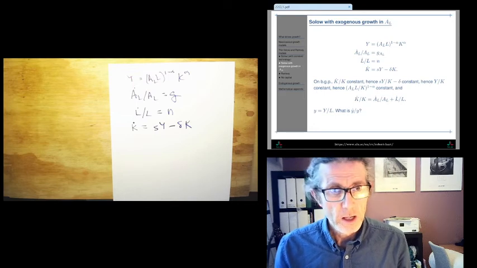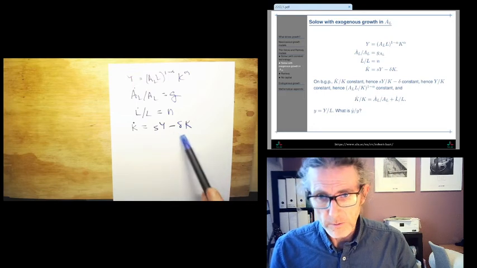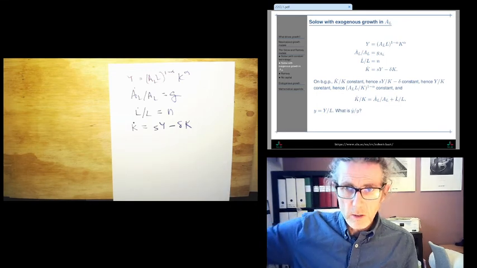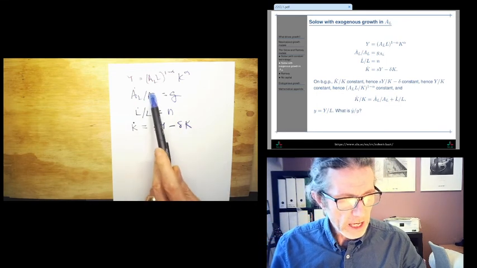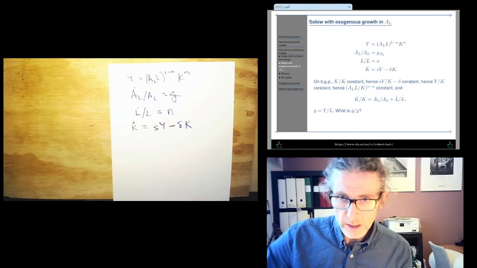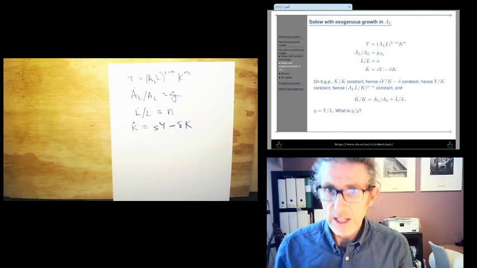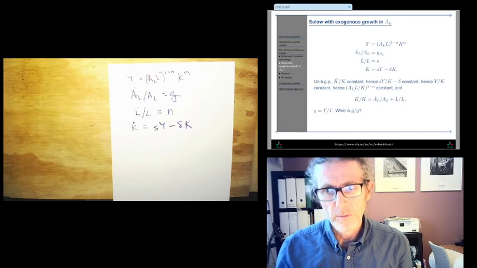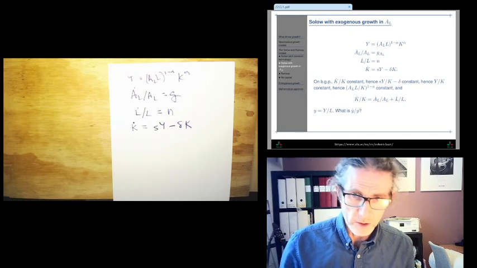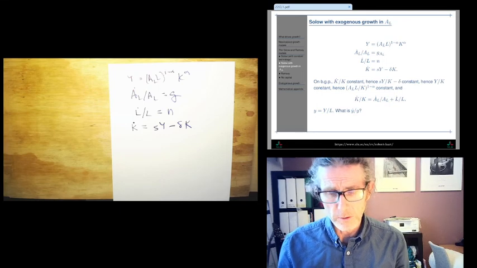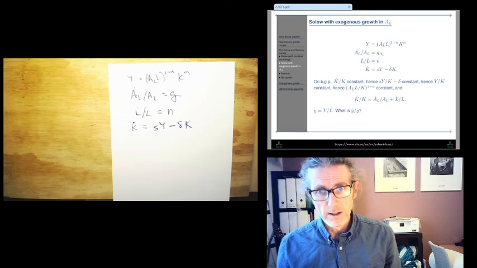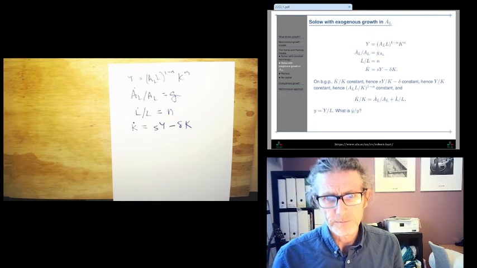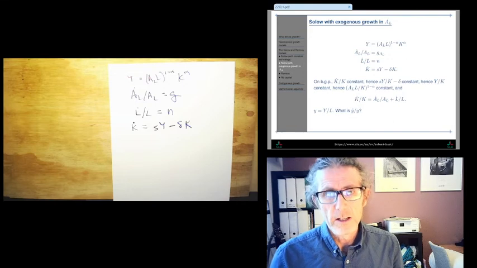It could be if we start off with very little capital, compared to the level of AL, that capital will grow very fast initially, and then will approach a balanced growth path. But as I explained on the math video, we're just going to focus on the balanced growth path and not look at transition paths so much at all in this course. So how do we find the balanced growth path?